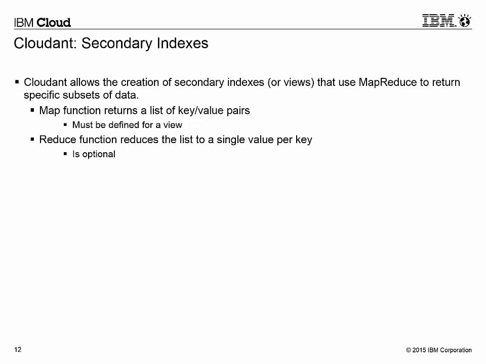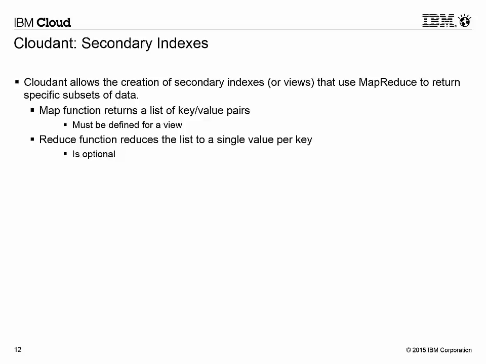You have to provide a map function which returns a list of key value pairs. You must have a map function for your index, and optionally you can also provide a reduce function which will reduce that list to a single value per key.